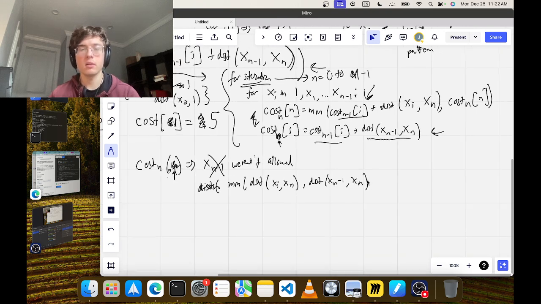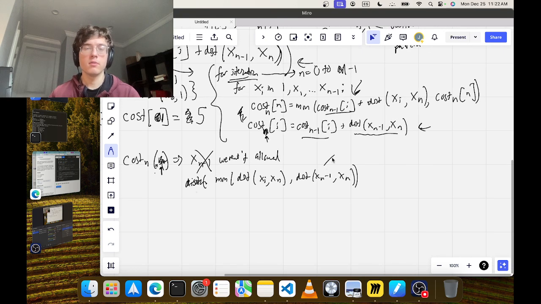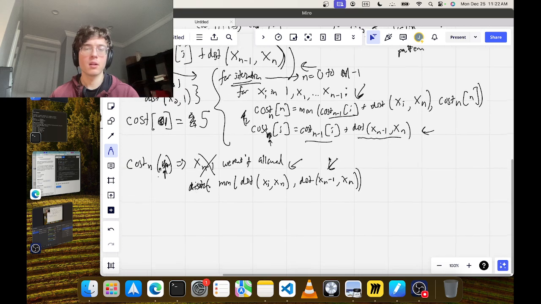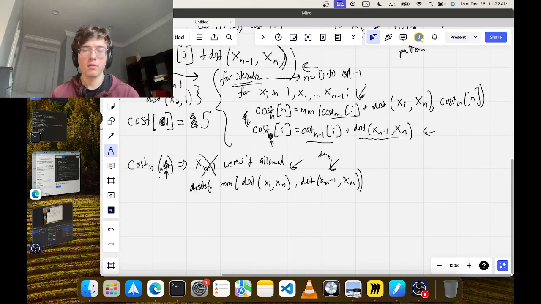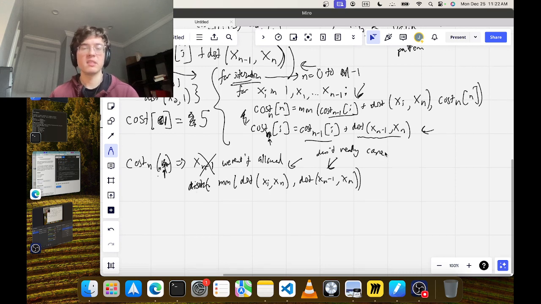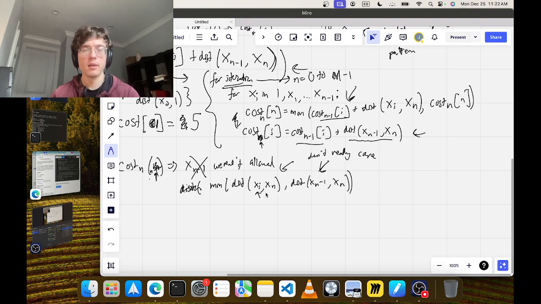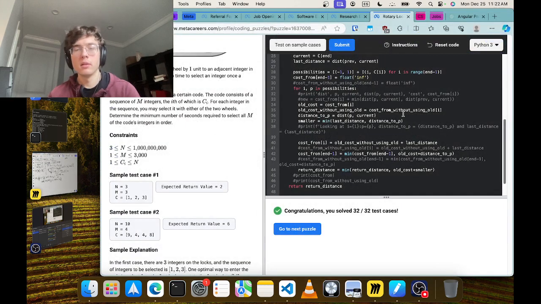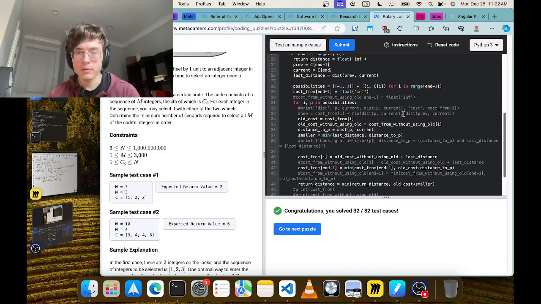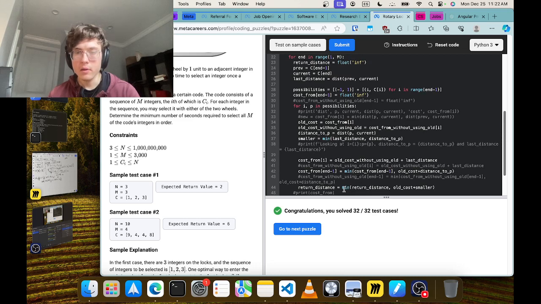Because for the final iteration, you don't really care which one you move, the xi, which you have been saving all this time, or the xn minus 1, which is the one right before xn. Therefore, you choose whichever one is best. And if you don't, and you automatically choose xi, then you might get the wrong answer. That's the way it works. So that's why I do this minimum.